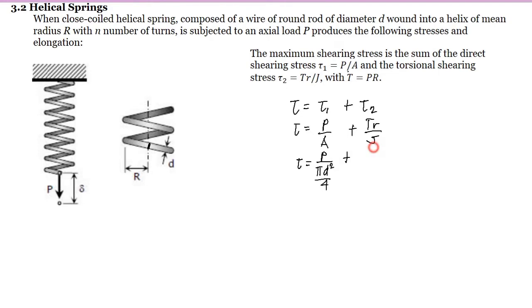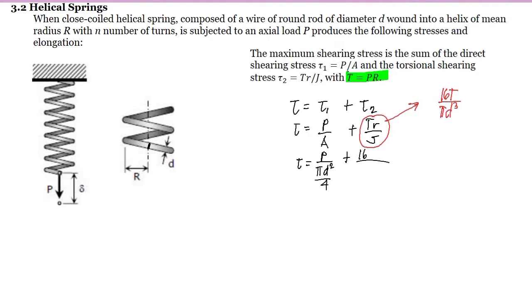from our previous topic, if we are going to derive this, we would have the formula 16T over pi d cubed. But in here, it says that the torsion is equal to PR.